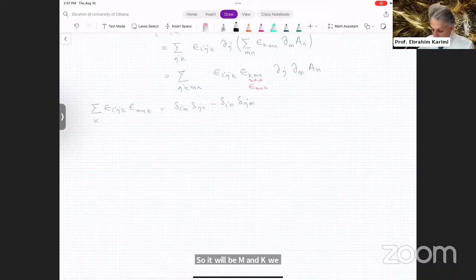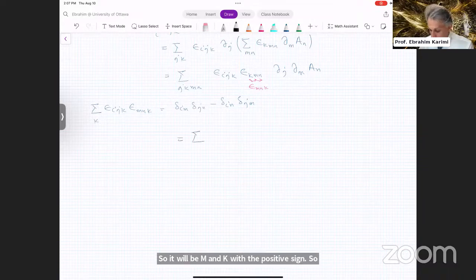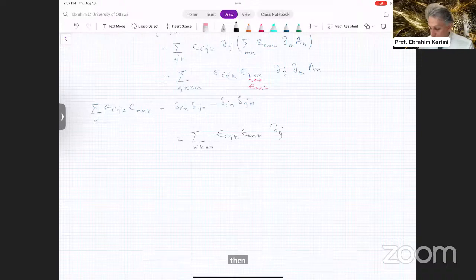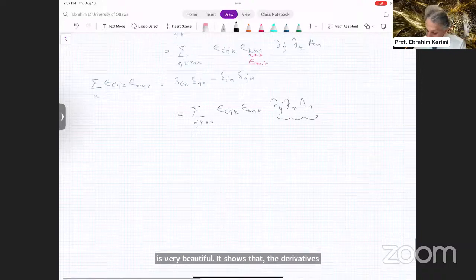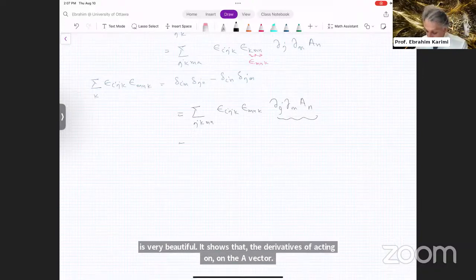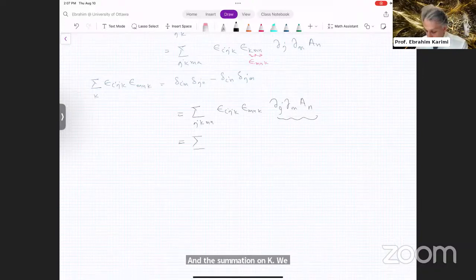So, if you write it down, that will be summation on j, k, m, and n. Then we will get epsilon i j k, epsilon m n k, then derivative of j, derivative with respect to m, which is very beautiful. It shows that the derivatives are acting on a vector, and the summation on k, we can take it out, so it will be j, m, and n.